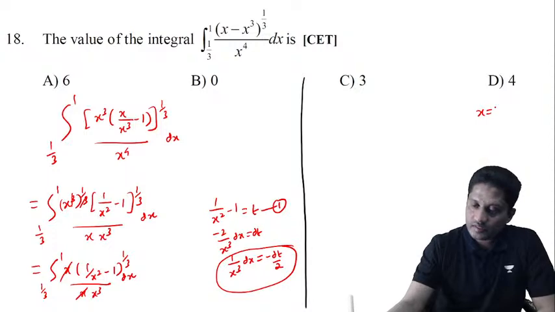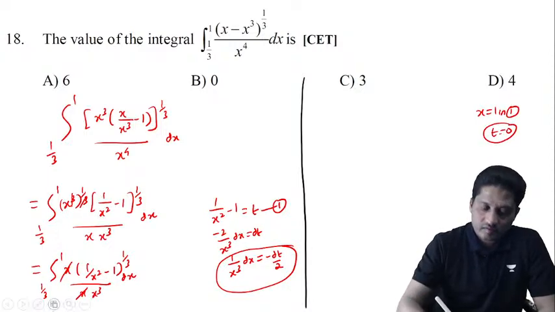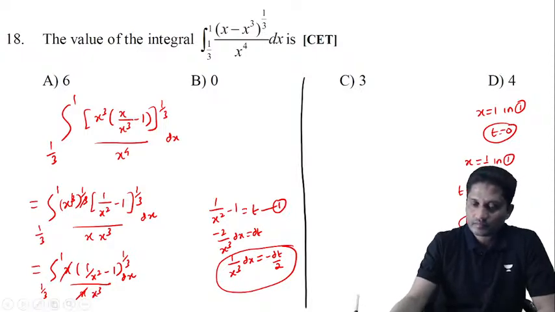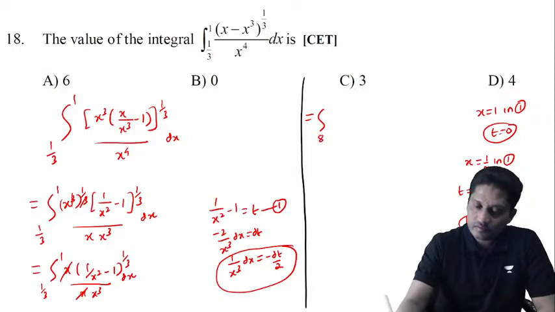When x is equal to 1, in equation 1, t will be 0. When x is equal to 1 by 3 in equation 1, t is equal to 1 divided by (1 by 3) the whole square, which is 9, minus 1. T is equal to 8. The new limit becomes 8 to 0.